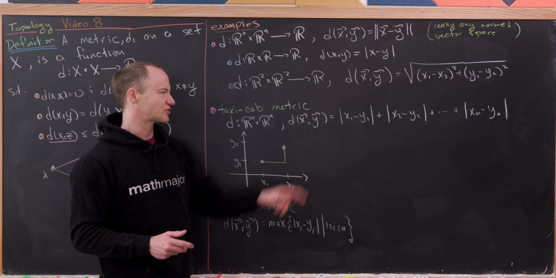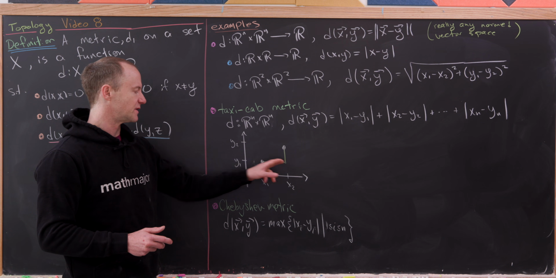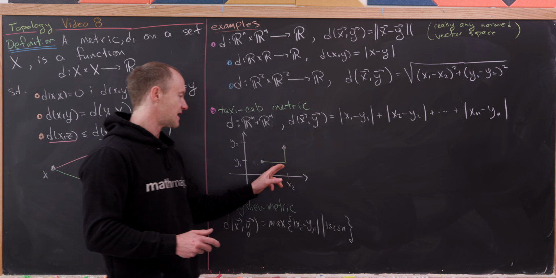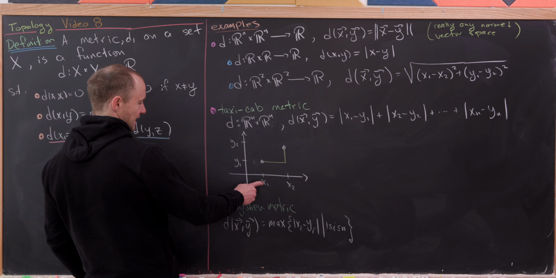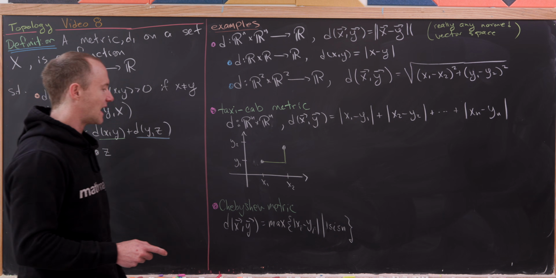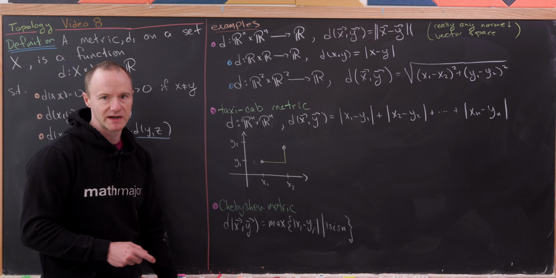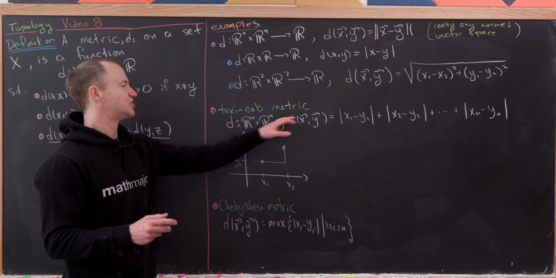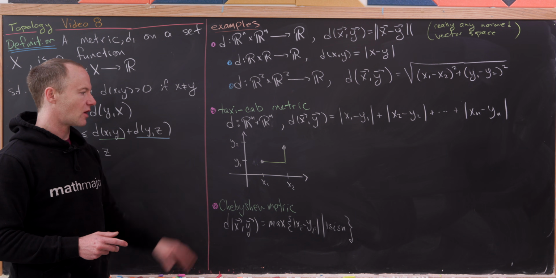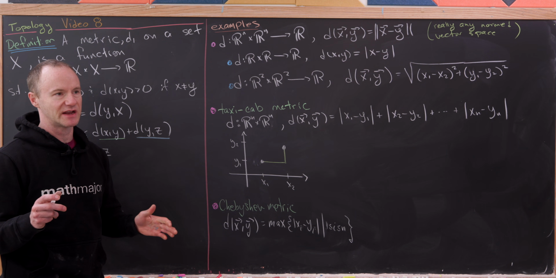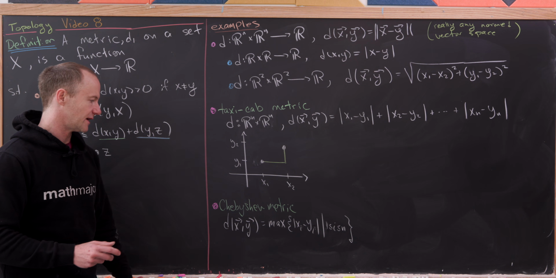I think this is the natural way to write it generally, but in this case we're getting the absolute value of x1 minus x2 and then y1 minus y2. Like I said, generally it's a little bit better to write it like this, but in this specific R^2 case, it's nice to take advantage of the xy plane.